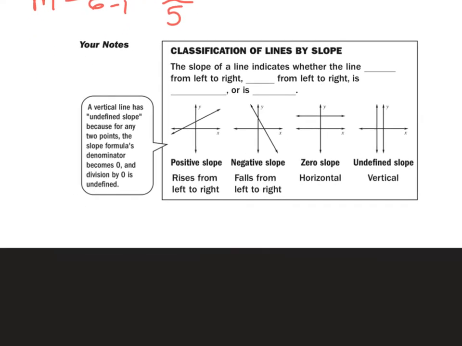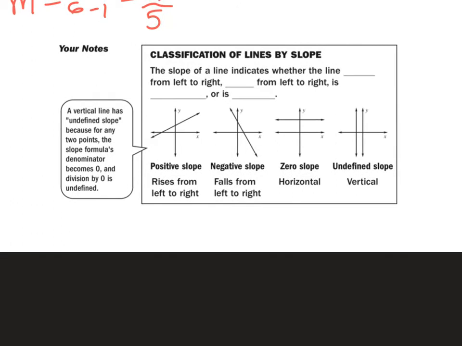Next, the way we classify lines by slope. The whole reason we have slope is so that we can describe what a line is doing. Is the line rising, falling, horizontal, or vertical? We always read graphs from left to right.